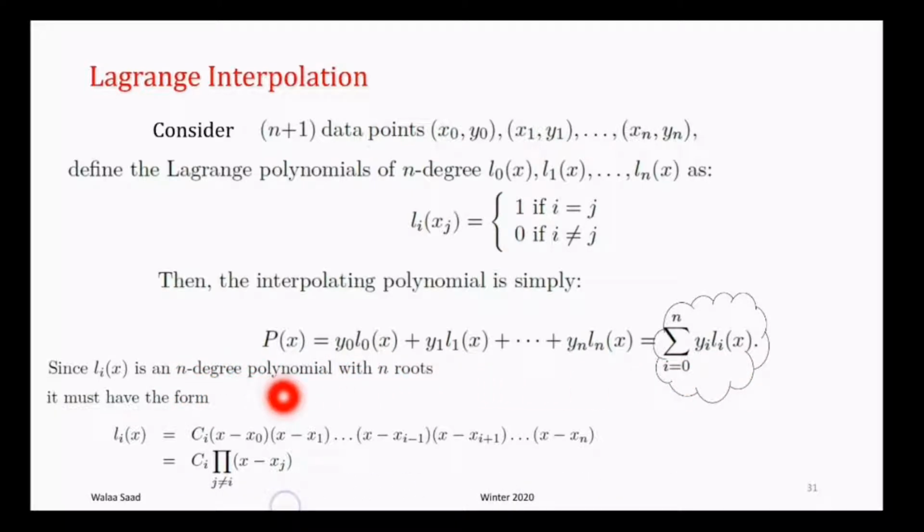We might rewrite them in the form of factors like this because they have n roots. So we might rewrite it as the product of n factors like this, scaled by a certain constant, which is here c sub i. This Lagrange function should be equal to 1 when i is equal to j.